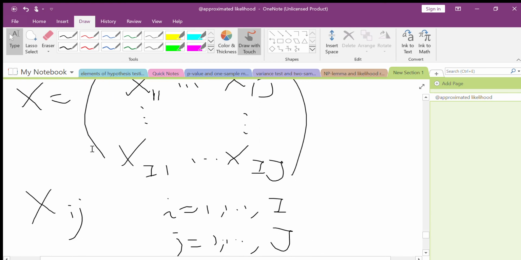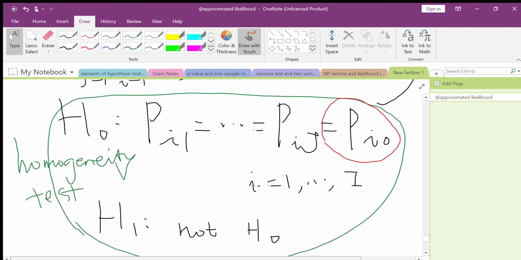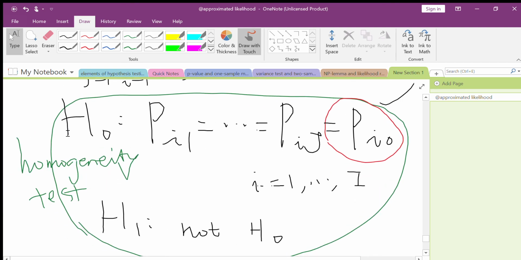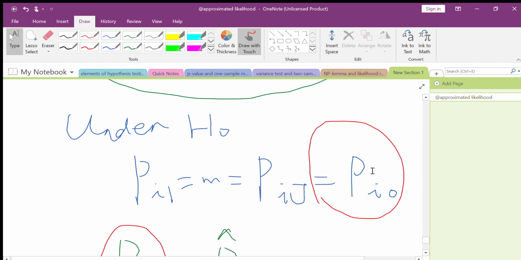The homogeneity test has the same data format and same constraints, but the hypothesis of interest is different. We're interested in testing the null hypothesis in this format: pi1 all the way to pi capital J equals some pre-specified value pi0. This is the H0.